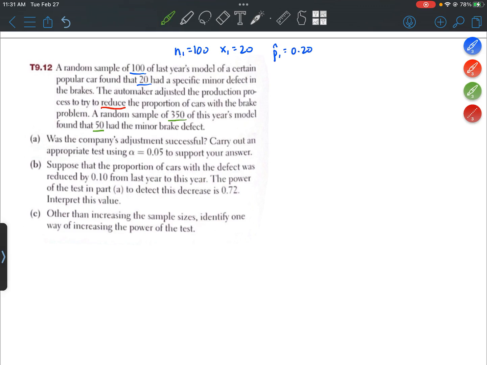And then we can write, let's do it over here, N2 equals 350, X2 equals 50, P hat 2 is equal to 50 over 350, 0.143.